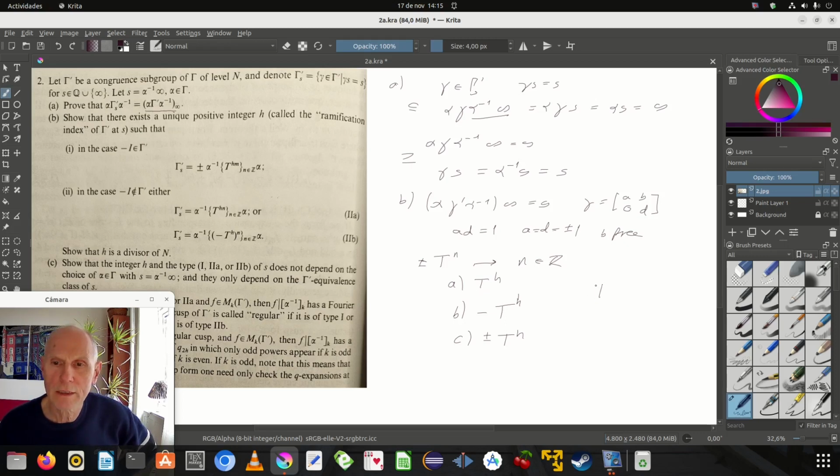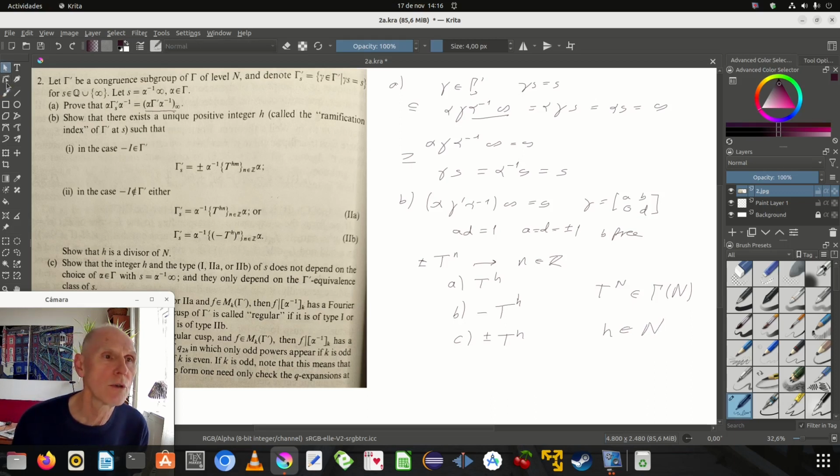Of course, we have T to the nth lies in gamma of n, which means that h must divide n. That's the last thing we should show. When I read the problem, I immediately thought, well, it must be a divisor of n, so that's why my thoughts were ahead of this point.